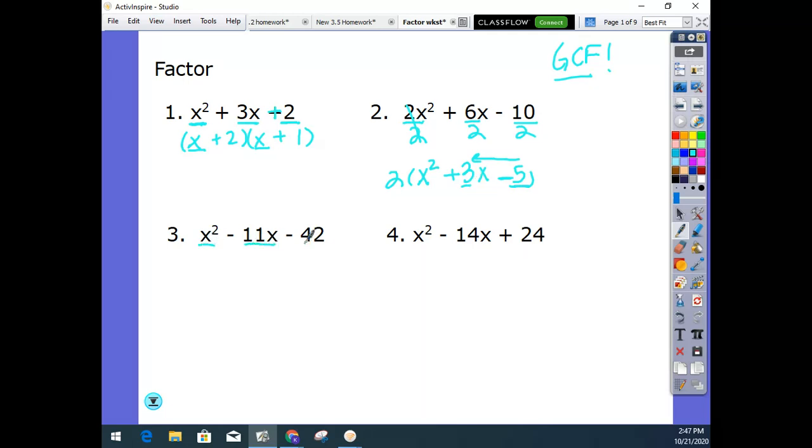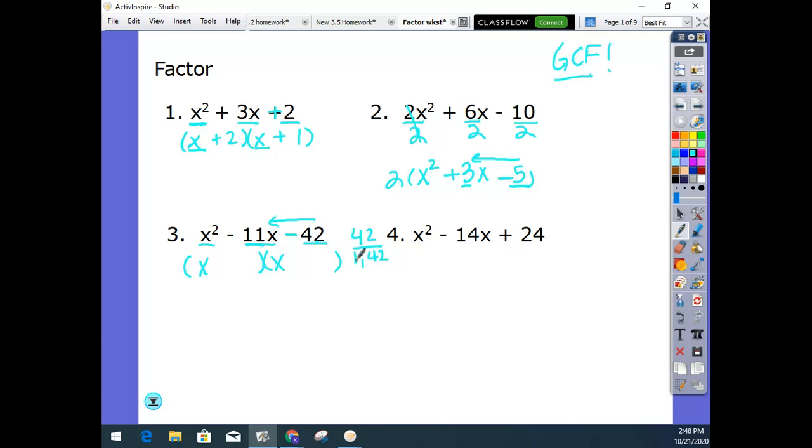There is not a GCF here, so I go right into 2 parentheses, x and x. Then we need factors of 42 that subtract to get 11. So anytime you don't know what those are, I write all the factors down.